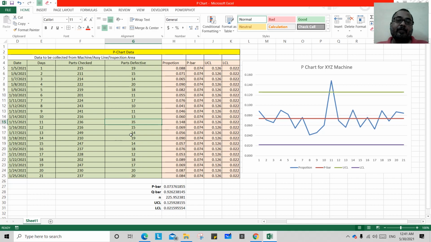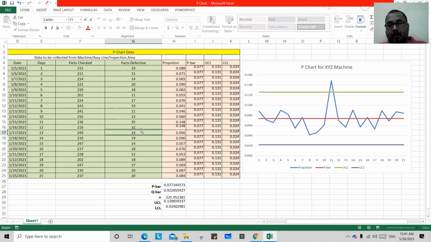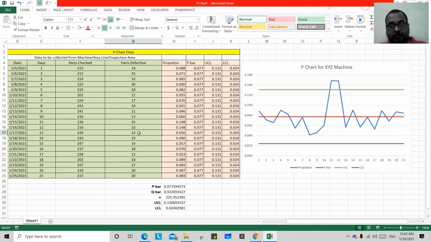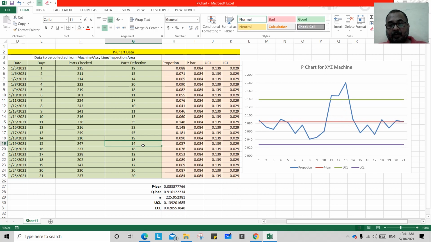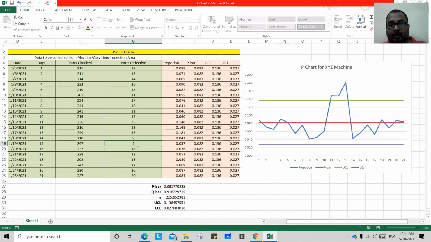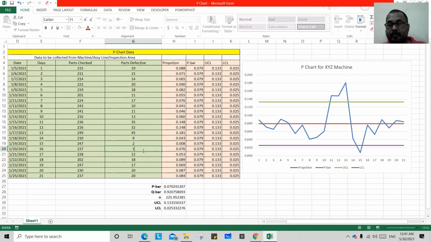Now if I tweak this data somewhere like this, 45, now again 9, again 2, again 1, this type of data is also unstable.